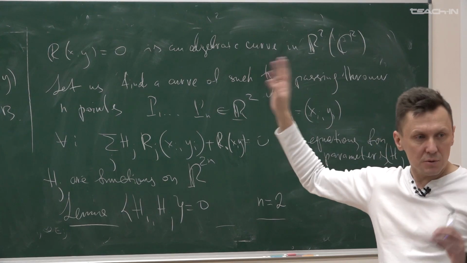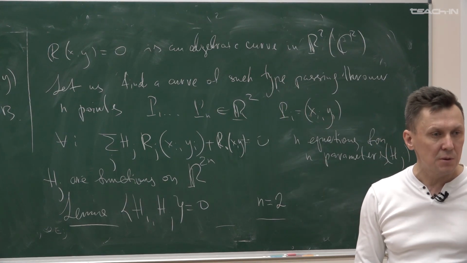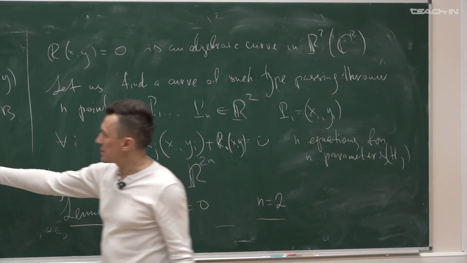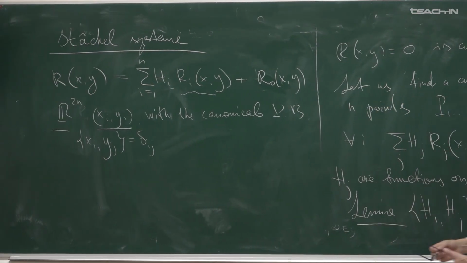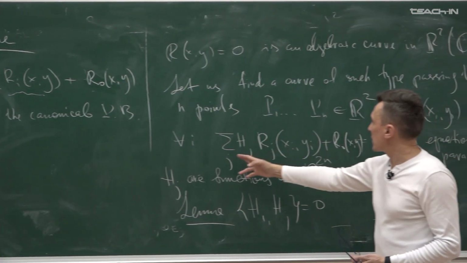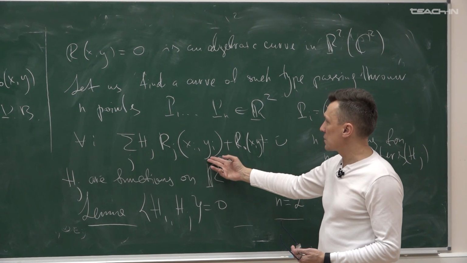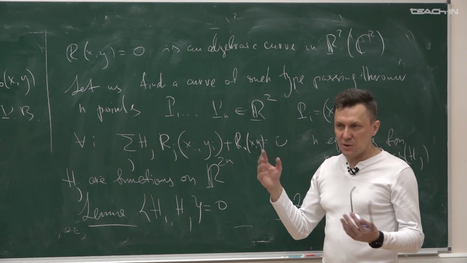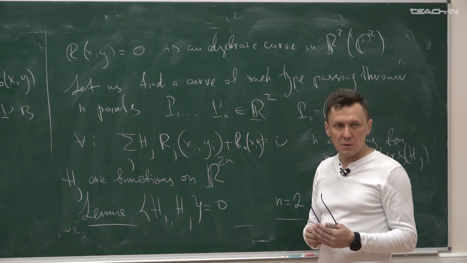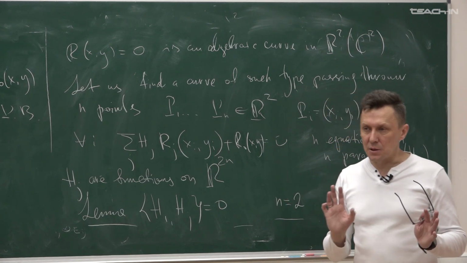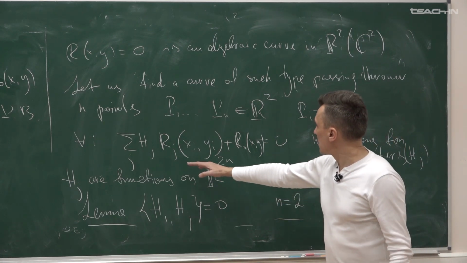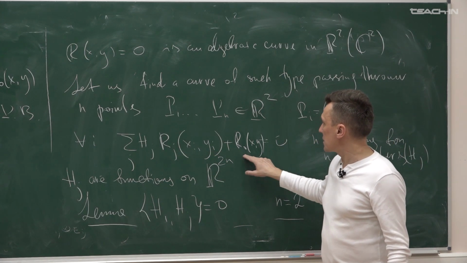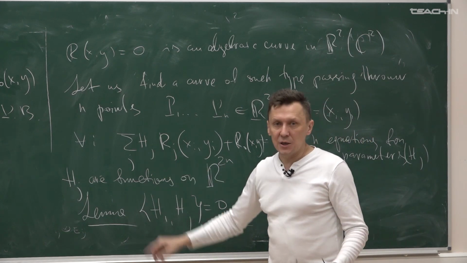Whatever polynomials you choose, you get a commutative family. But how we define functions h on this space R to n: we impose the condition that the curve from this family passes through n points in R2. It defines the curve uniquely. So we have n equations. Here the points are fixed, the polynomials r are fixed, and only the parameters h are free.